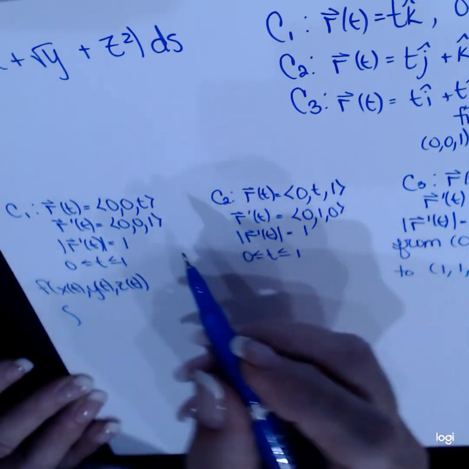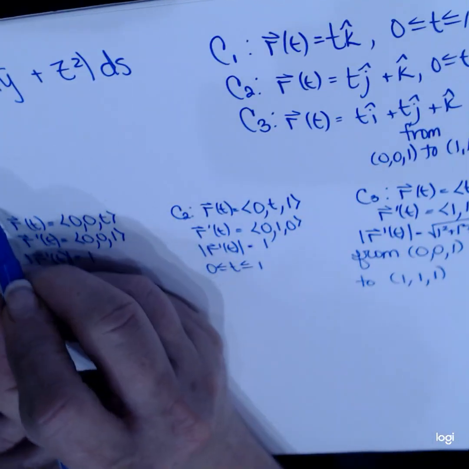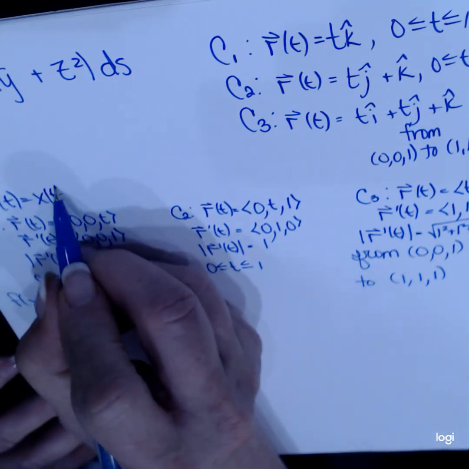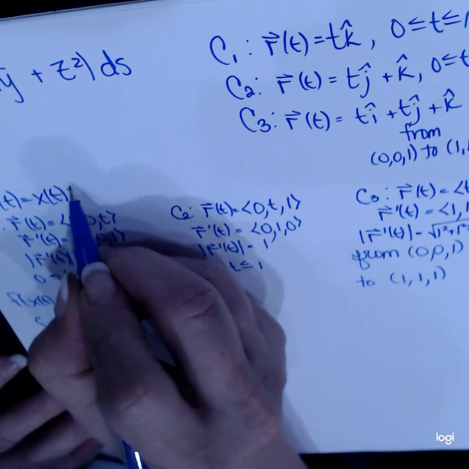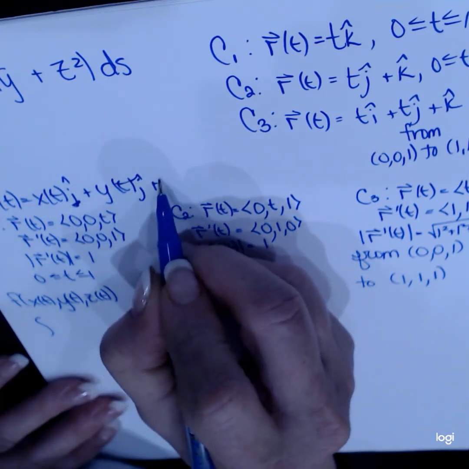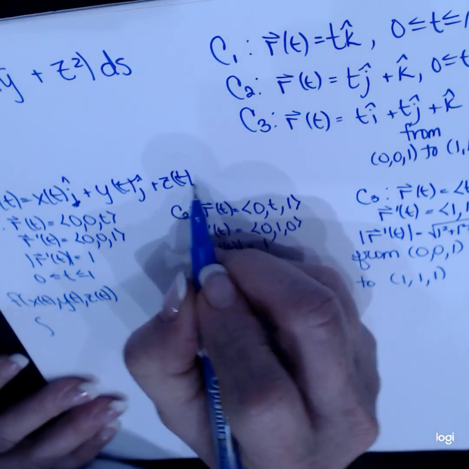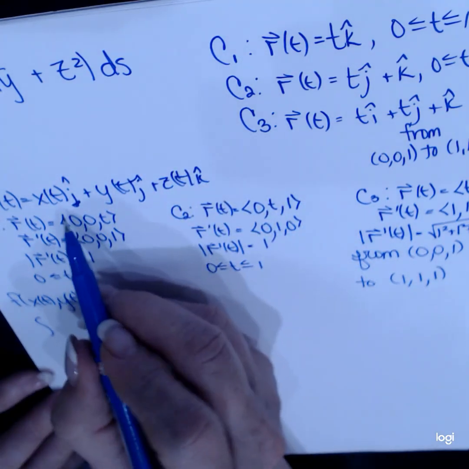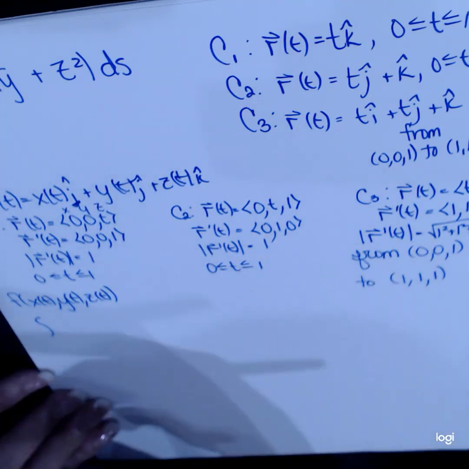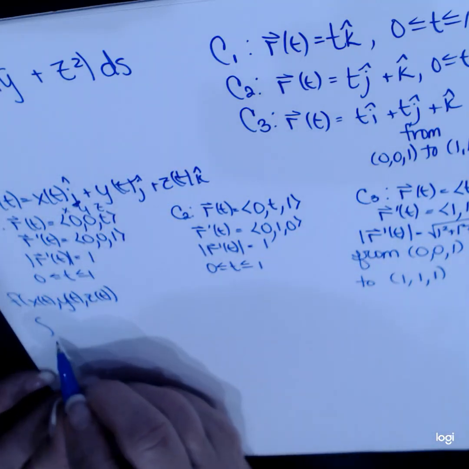Now remember, when you look at the curve, r of t is defined to be x of t times the unit vector i plus y of t times the unit vector j plus z of t times the unit vector k. So we can pull the x, y, and z components directly off of our path there.